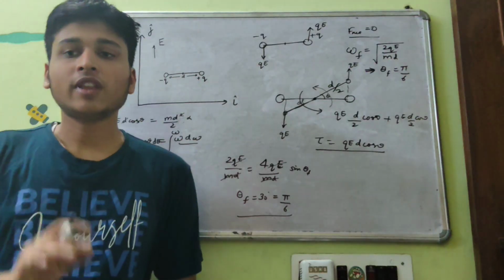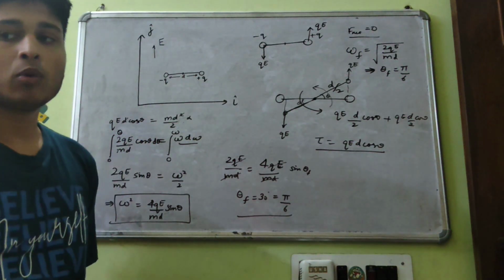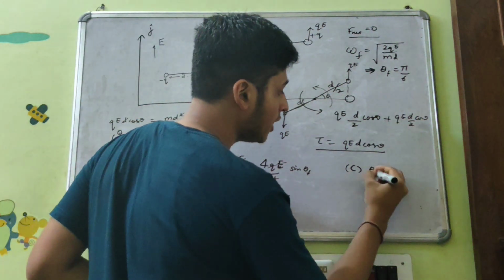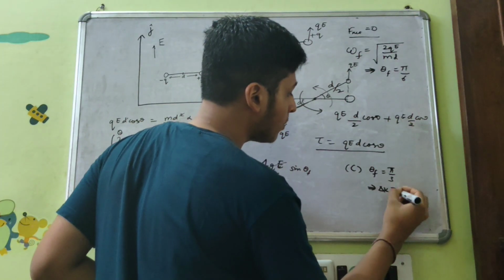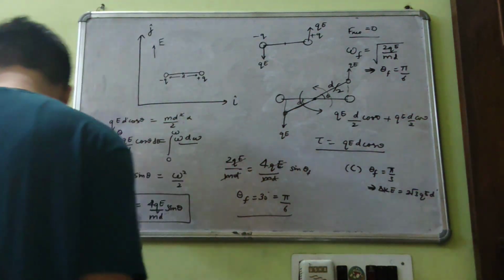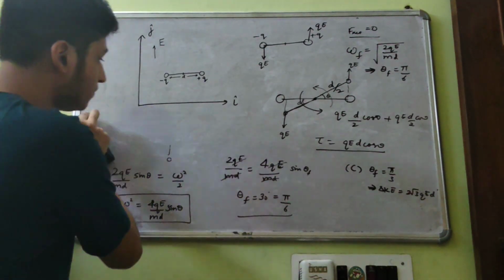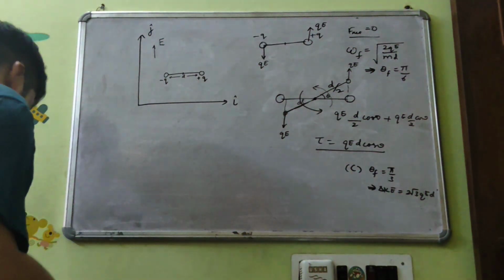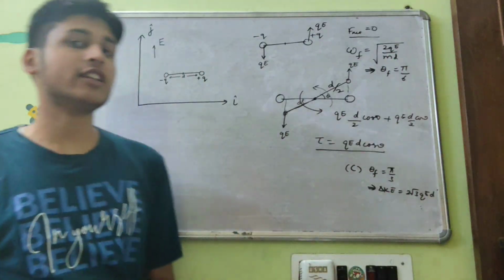Option C is, if theta f is pi by 3, then change in kinetic energy of dipole is 2 root 3 QEd. Let us check it. Change in kinetic energy is final kinetic energy minus initial kinetic energy.